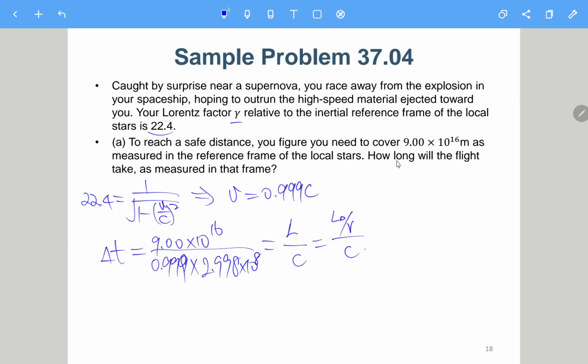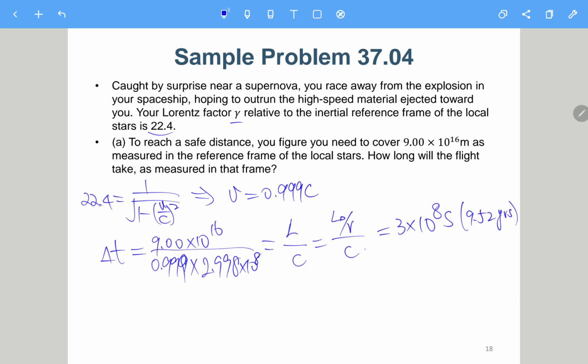So in that case, this value will be 3 times 10 to the 8th seconds, which is around 9.52 years.